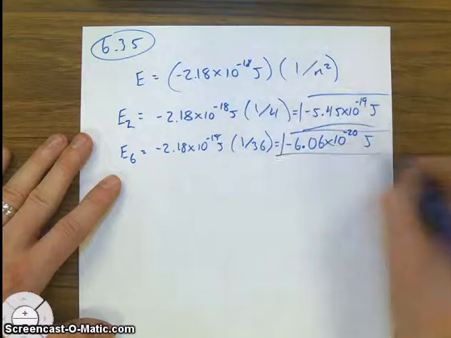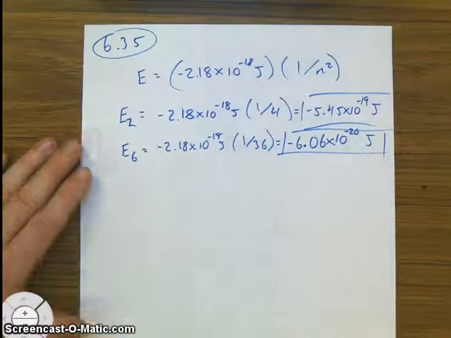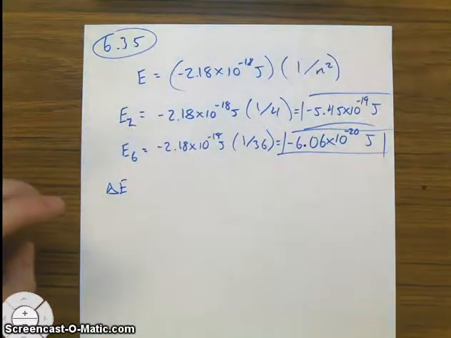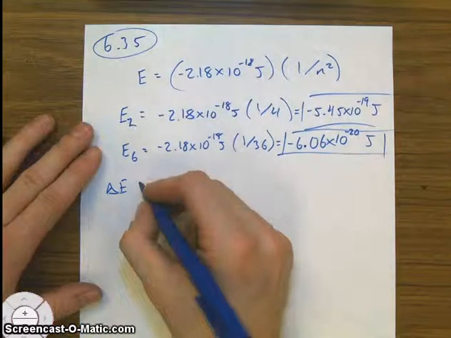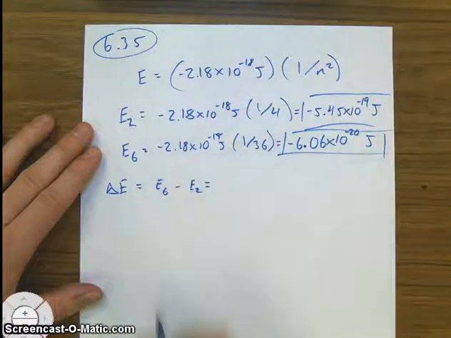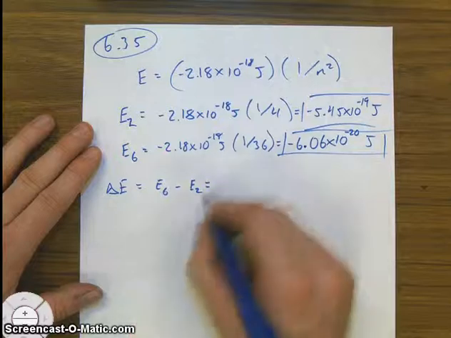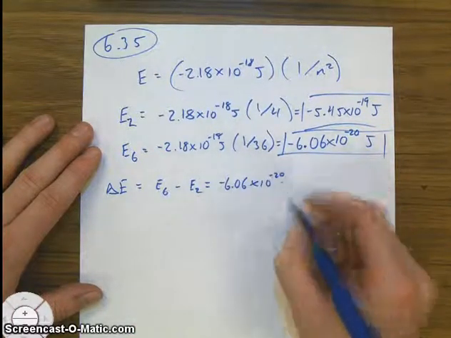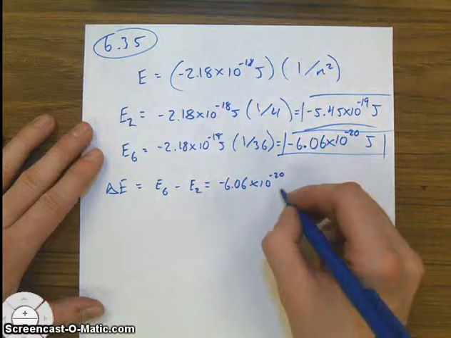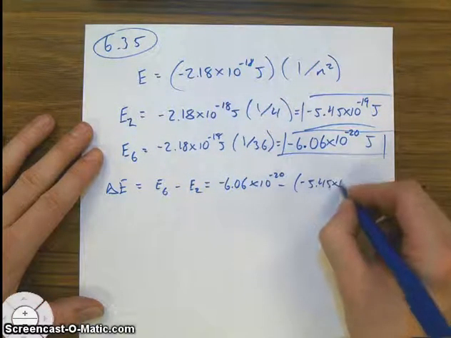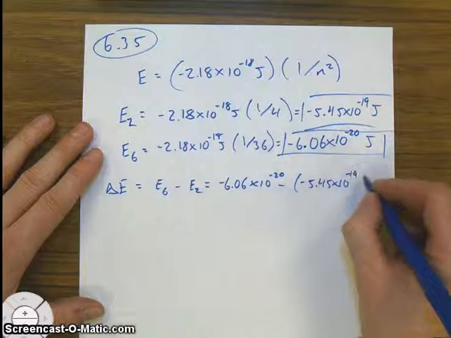So now I have my two energy levels. To figure out the change in energy for when the electron goes from 6 to 2, I'm going to take the difference between E6 and E2 to figure out how much energy is emitted. So I'm basically subtracting these two numbers: negative 6.06 times 10 to the negative 20th, subtracting negative 5.45 times 10 to the negative 19th.